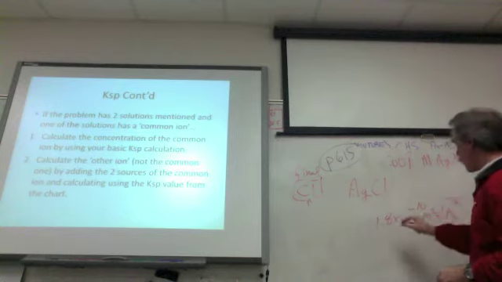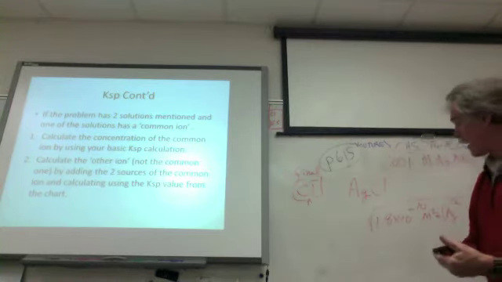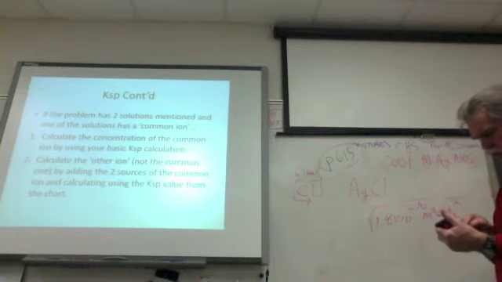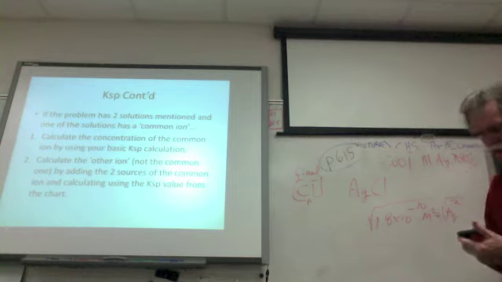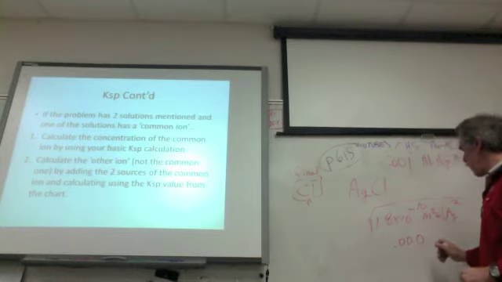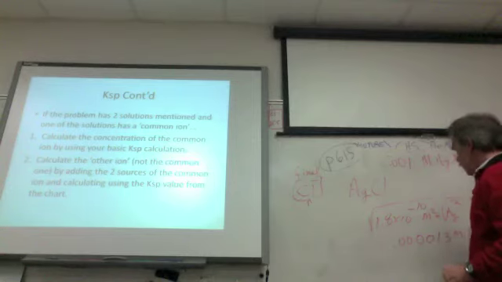Square root of that, we find out that the square root of 1.8 exp to the negative 10th is 1.3 times 10 to the negative 5th. So that's 0.000013 molar. That's our first source of silver.